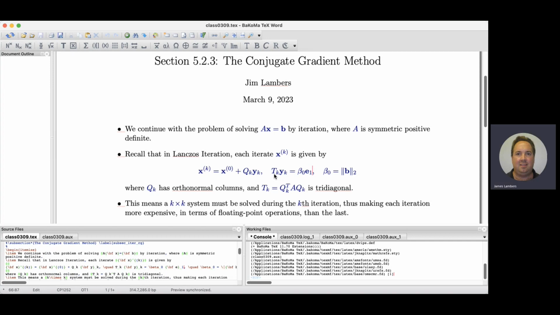We want an iterative method in which the amount of computational effort for each iteration is about the same, and steepest descent, for all of its faults, did satisfy that criterion. So we want to try to rework this in such a way that each iterate can be expressed in terms of the previous one, and therefore not have this growing amount of work for each iteration.